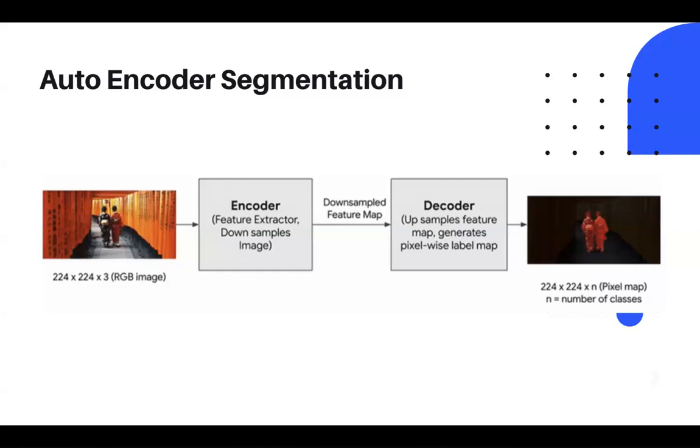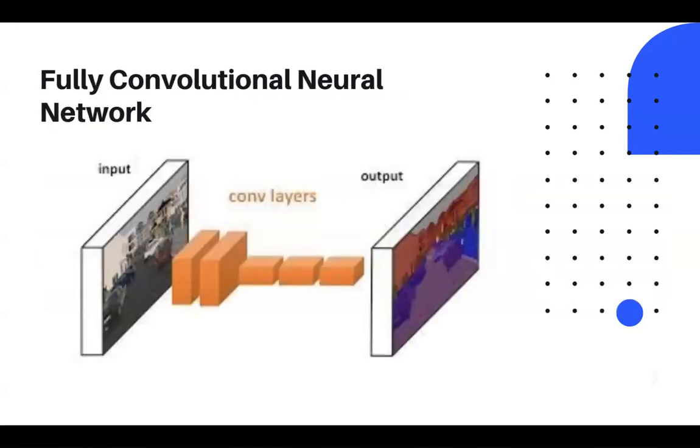Okay, seems good. So let's continue. Now we go from the convolutional neural network model, or the autoencoder, which could be any model, into the fully convolutional neural networks.